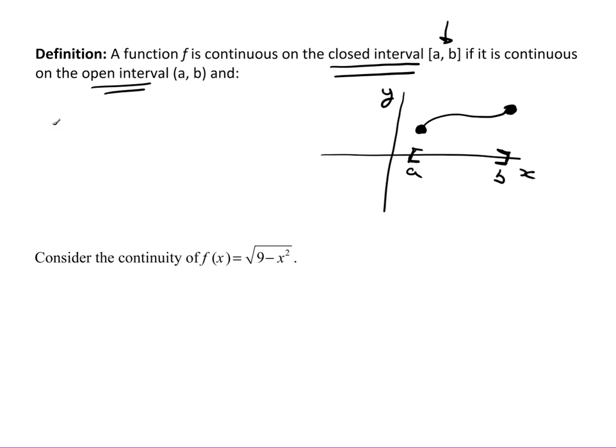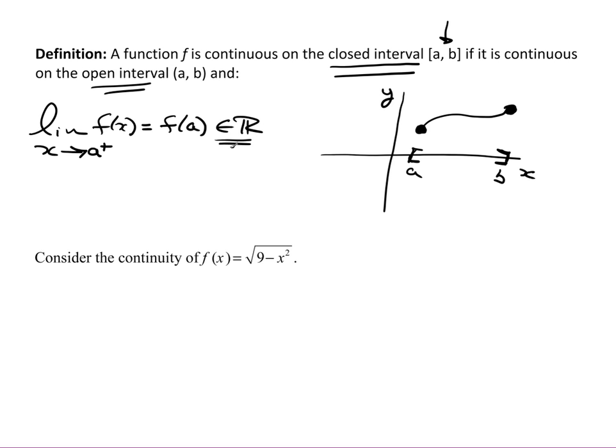Well, this is the same as saying, one, it's continuous on the open interval A to B, and then two, the limit as x approaches A from the right, and A is just my left bound, it could be C or D or whatever you want to call it, of f of x is equal to f of A, and obviously that has to be a real number.